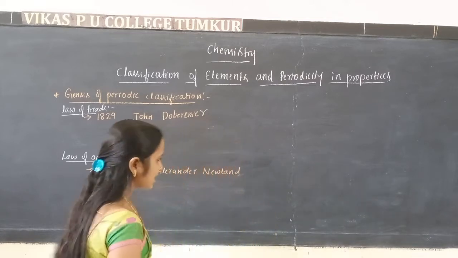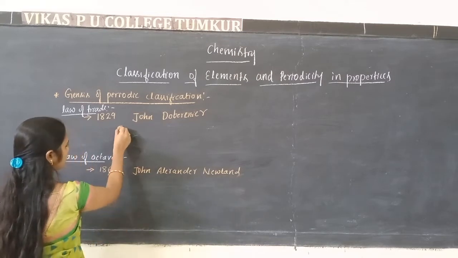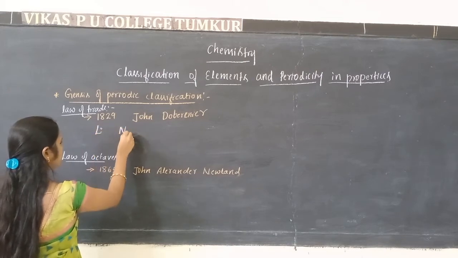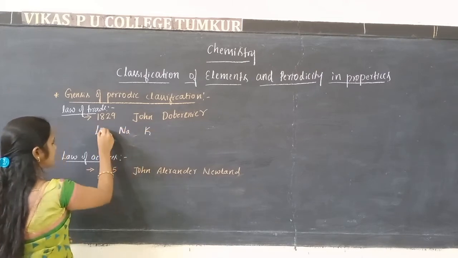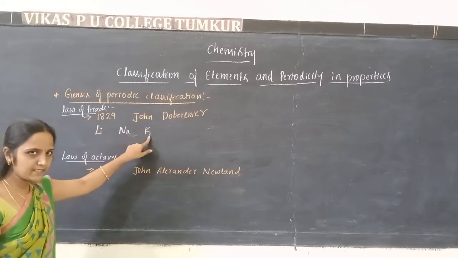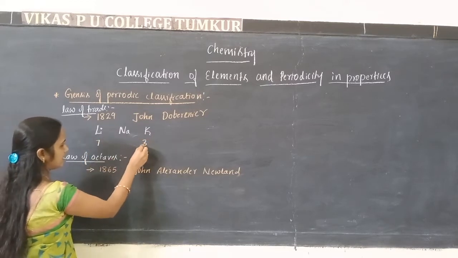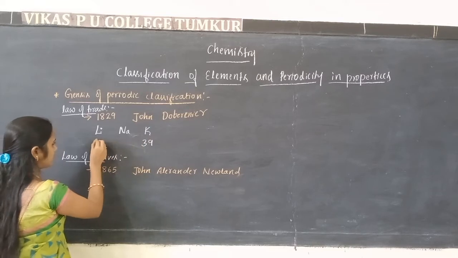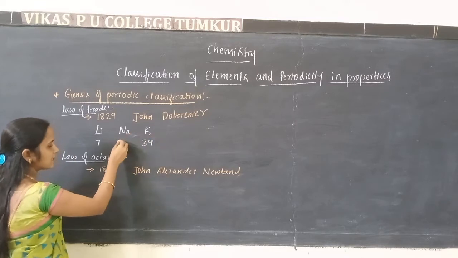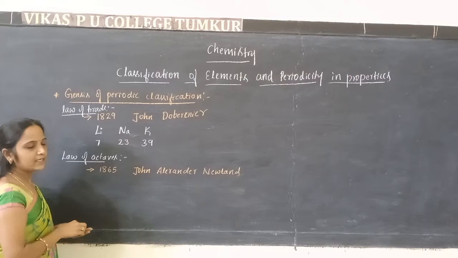A set of 3 elements. Suppose we take the 3 elements lithium, sodium, potassium. This law states that in a set of 3 elements, the atomic mass of the first and the third element averaged is equal to the atomic mass of the middle element.